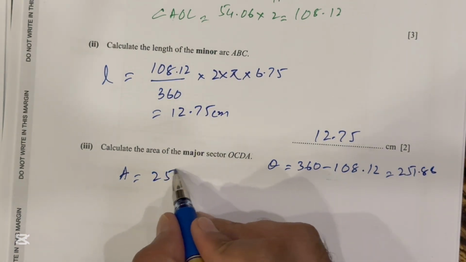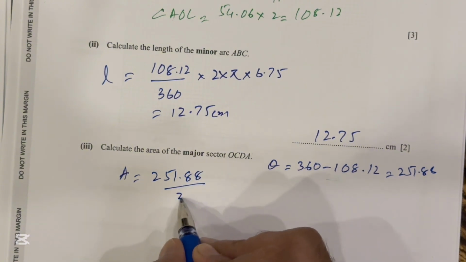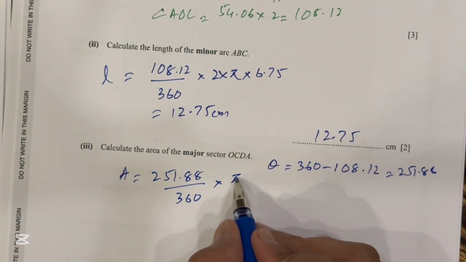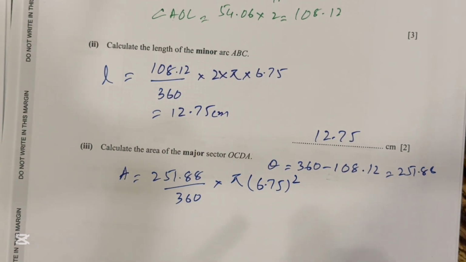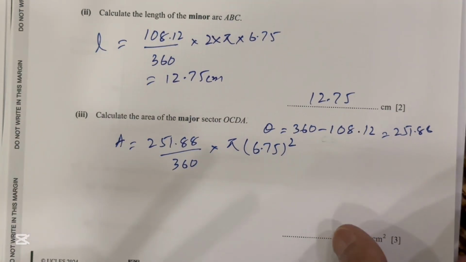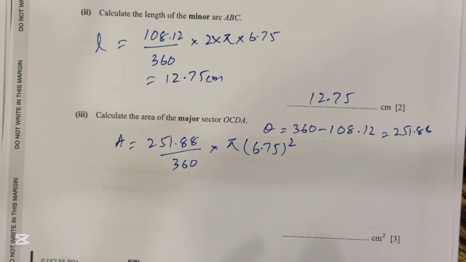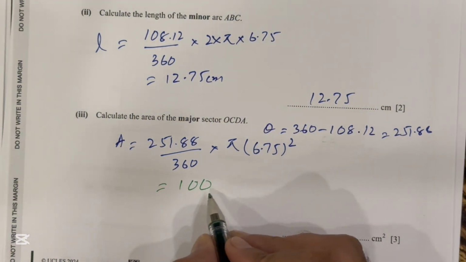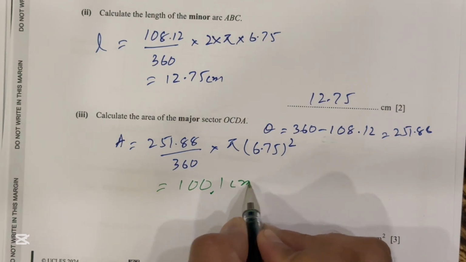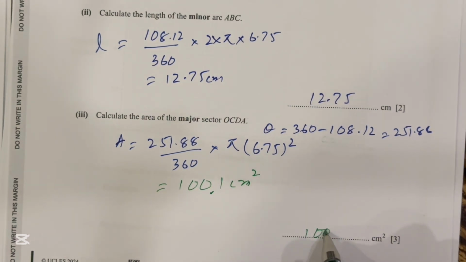So this would be 251.88 divided by 360 multiplied by pi, and r would be 6.75 squared. After solving that, you get the value, that is equal to 100.1 centimeter square, or you can write 100 as well.